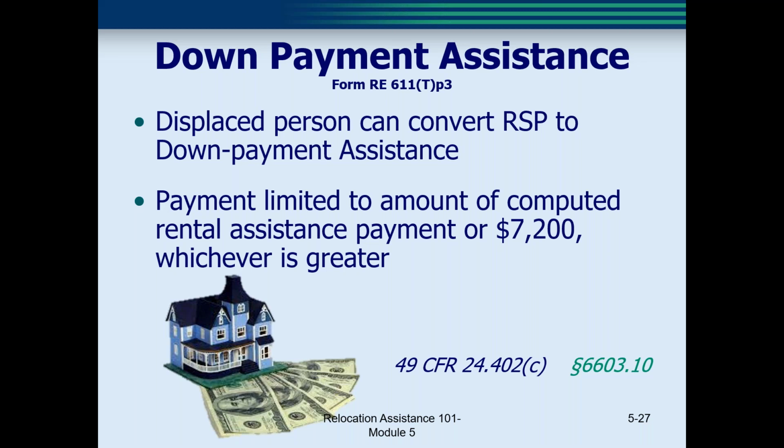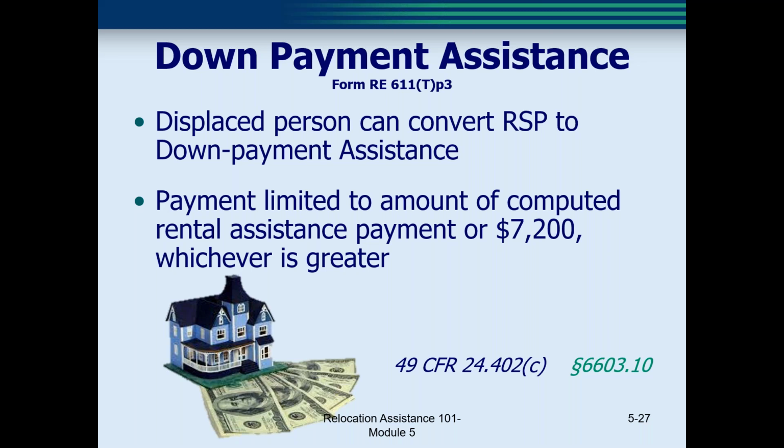Okay, so now we're going to talk about the down payment assistance. Down payment assistance is a fantastic opportunity for a displaced tenant. These tenants may elect to apply the entire amount of their rental assistance benefit towards the down payment and incidental closing costs associated with the purchase of a home.